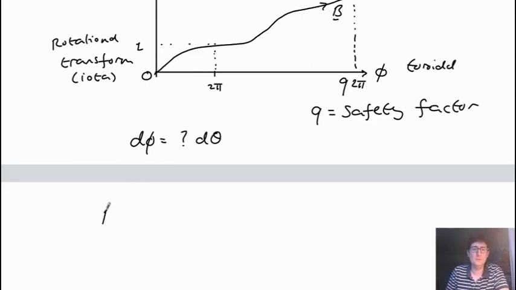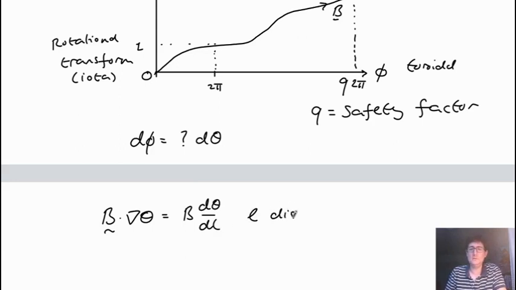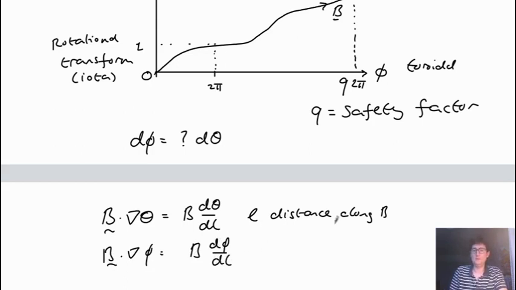So you have that B dot grad theta, for example, is magnetic field strength times d theta by dl, where l is the distance along the field line. In the same way, B dot grad phi is just B times d phi by dl, where again l is distance along the field line.